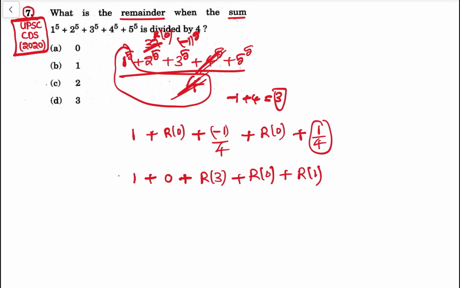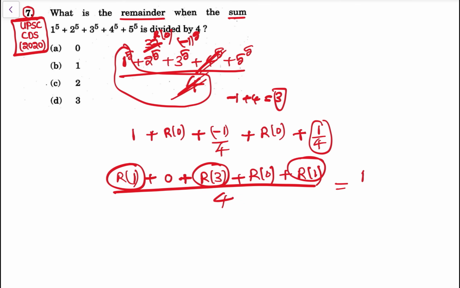So 1 plus 3 is 4, 4 plus 1 is 5. So remainder 5 upon 4. So 5 upon 4 is overall remainder 1. Option B is the answer.